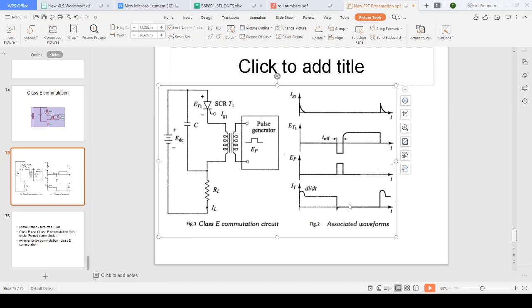Current flowing through this SCR T1 will be 0, and some voltage will appear across this SCR at this instant. From this waveform, we can conclude that after applying the pulse signal, current through this SCR is 0. As current through this SCR is 0, it is commutated, meaning it is turned off because of this.